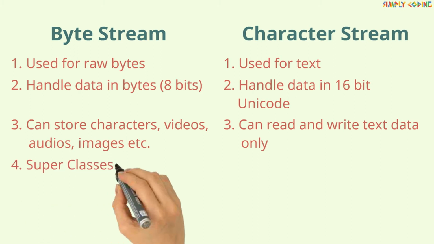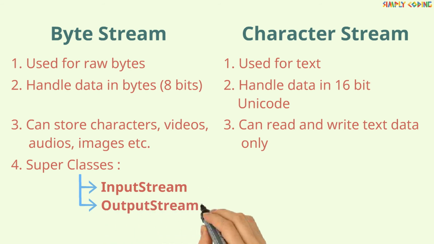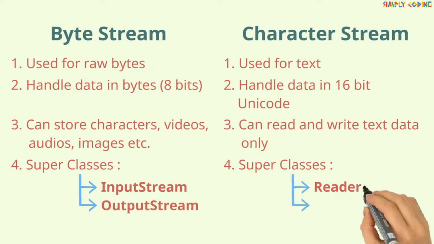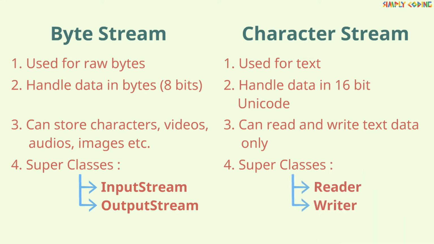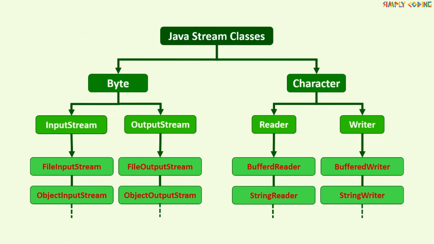InputStream and OutputStream classes are the superclasses of all the input and output byte stream classes. Reader and Writer classes are the superclasses of all the character stream classes. Depending upon your requirement, there are multiple classes which are derived from these classes, and various methods are available to read or write data.